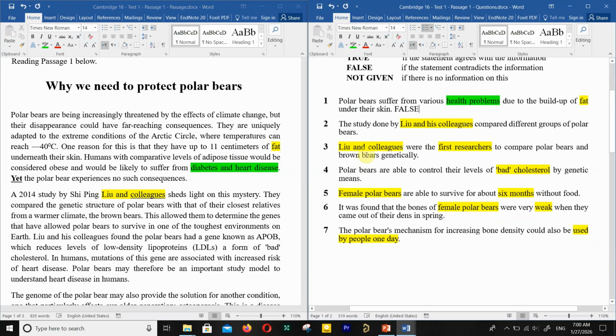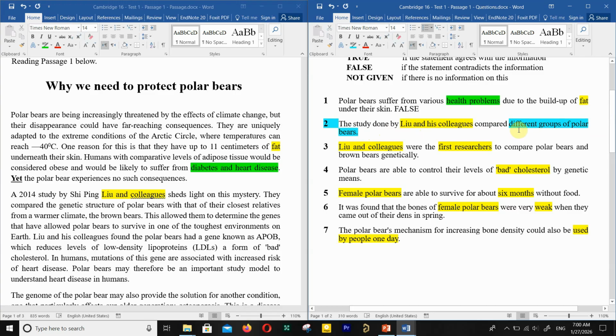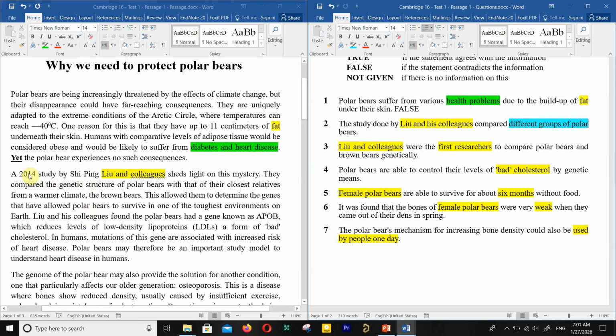Now, study question 2. The study done by Lee and his colleagues compared different groups of polar bears. Now we have to find something relating to this. Okay, here: a 2014 study by Shiping Du and his colleagues sheds light on this mystery.